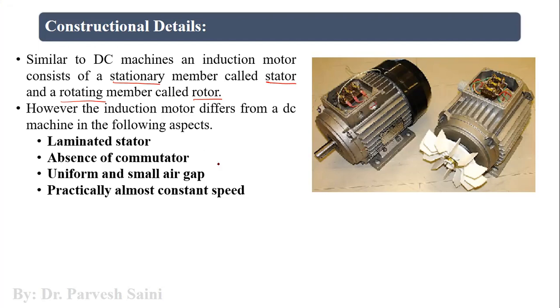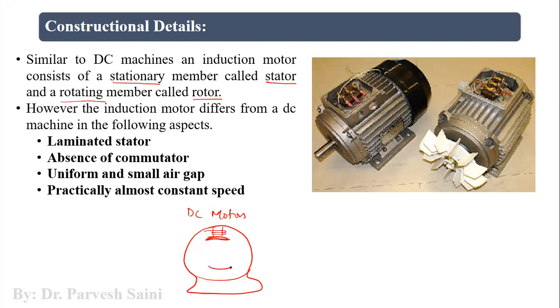Now what does it mean? It means that, like, if in DC motors, this is a stator, this is the static part, and here you will find a pole shoe. So pole shoe, you all know, is used to generate the flux. So it has some field winding here.